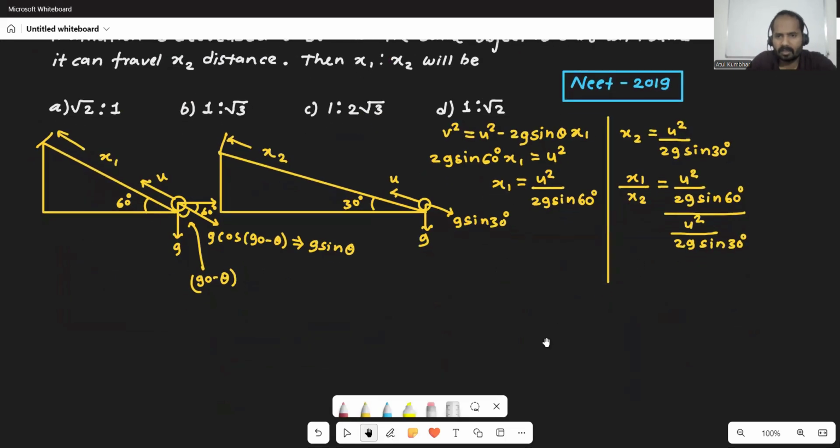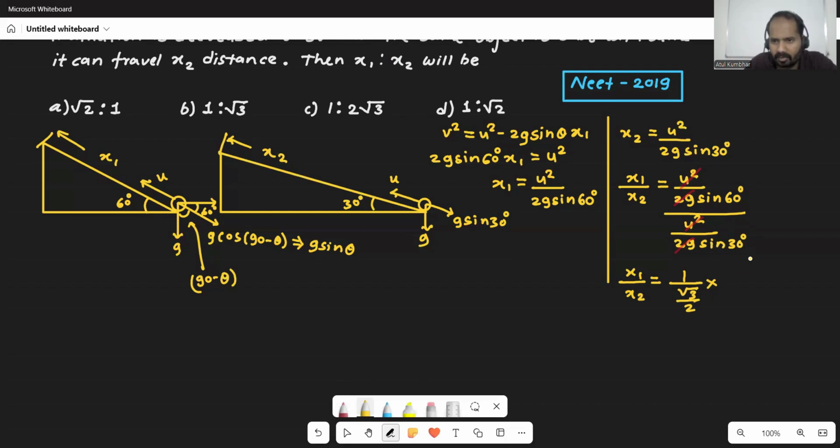So x1 divided by x2: u square gets cancelled, 2g gets cancelled. What remains is 1 upon sine 60, and sine 60 is root 3 by 2, with sine 30 coming in the numerator.